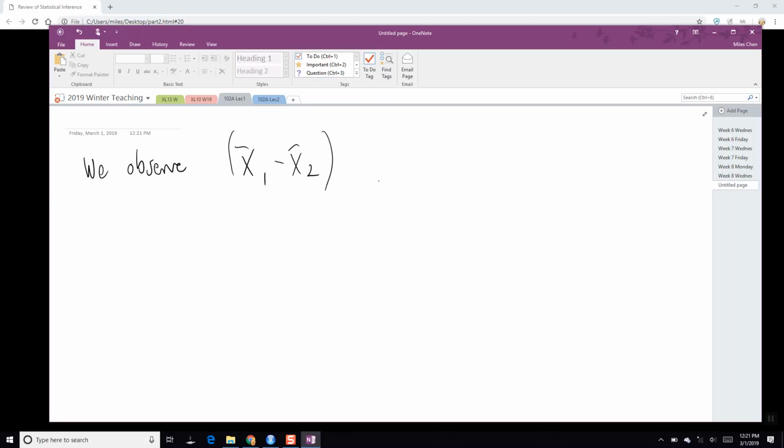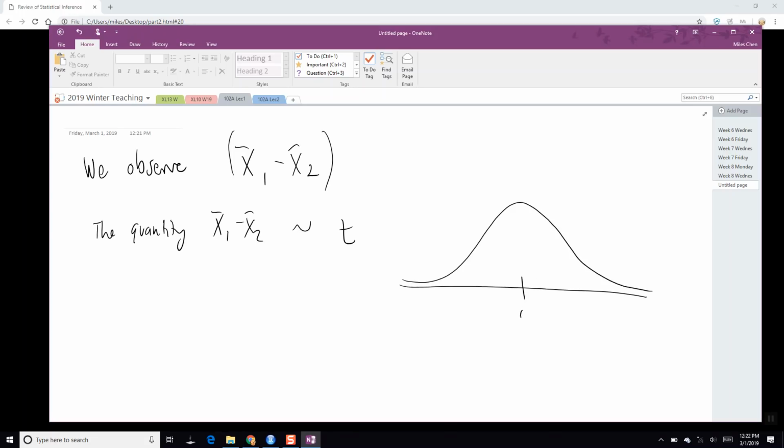It comes from a normal distribution or a t-distribution centered at 0, with a standard error equal to the square root of s1 squared over n1 plus s2 squared over n2.